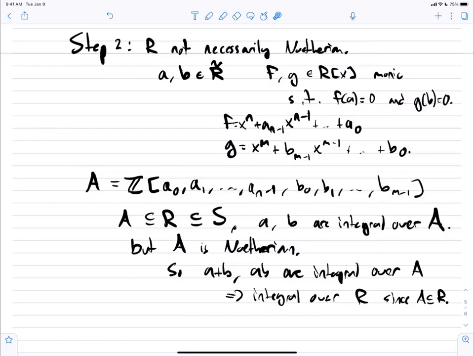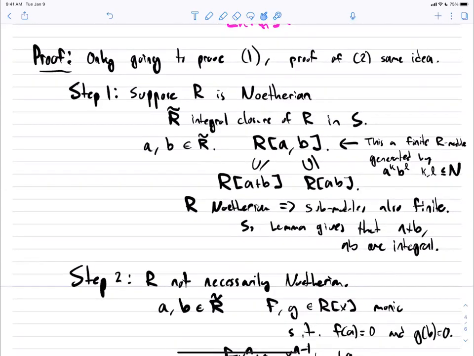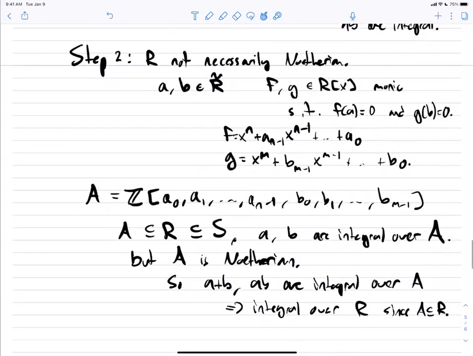Okay, and the point of this step 2 is just to observe that when you're checking that this integral closure is a subring, checking that only ever involves finitely many elements at the same time. This is a very useful concept in ring theory, number theory, and algebraic geometry.